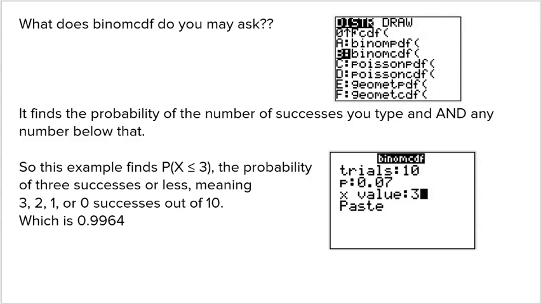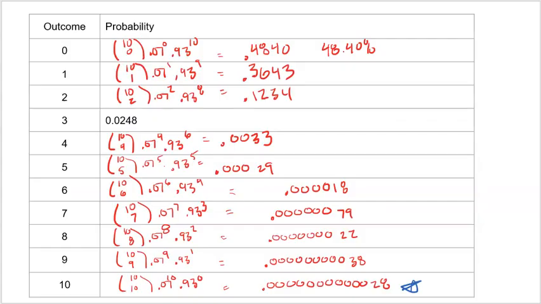Now, Binomial PDF will do the probability of exactly 3. But a CDF will do 3 or anything less. So it'll do the probability of 3 or 2 or 1 or 0, and it will add them all together.